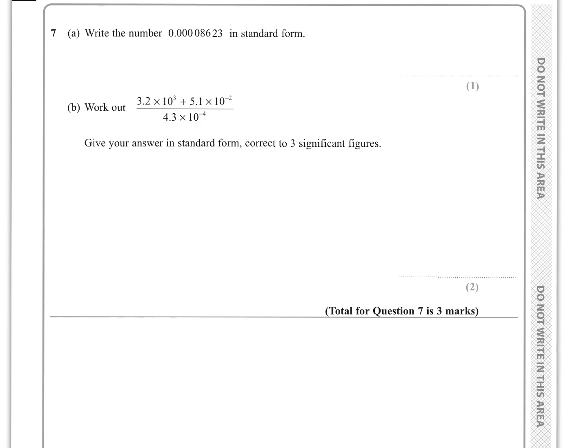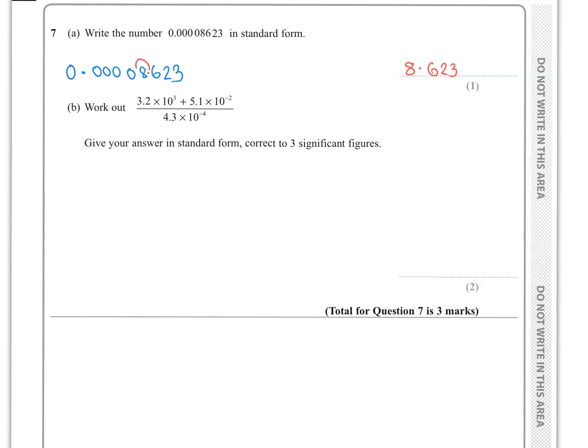Question 7. We want to write this number 0.000008623 in standard form. So standard form has to be a number between 1 and 10, so that's the number 8.623.